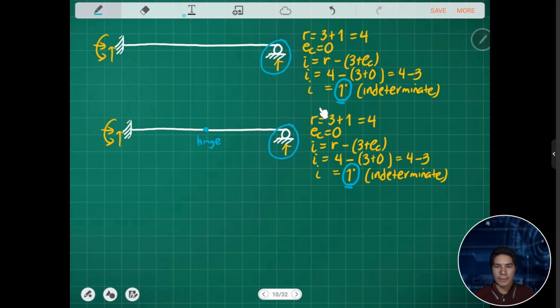We can convert this one into 1 and then we have 1, so a total of 4. So this becomes 0 indeterminate. So we can also use the degree of indeterminacy to determine how many internal hinges to be added in the structure to approximately analyze the structure.